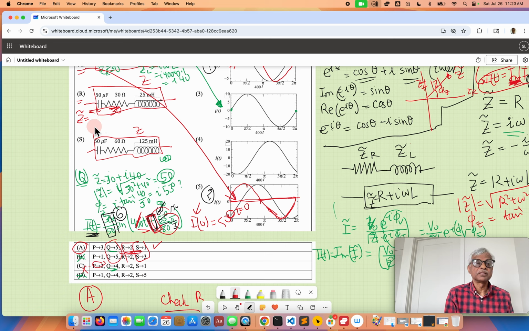Omega is 400, and you have 50 microfarads, 50 times 10 to the power minus 6, plus 30 plus i 400 times 0.025.